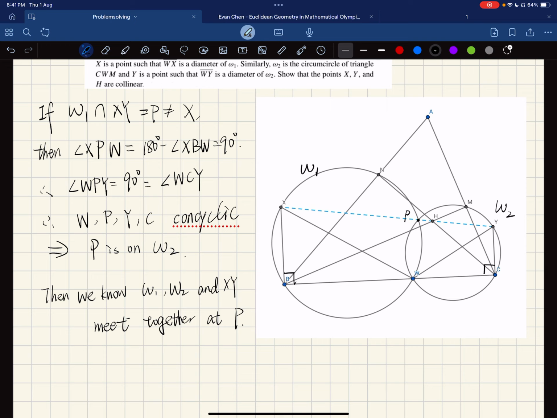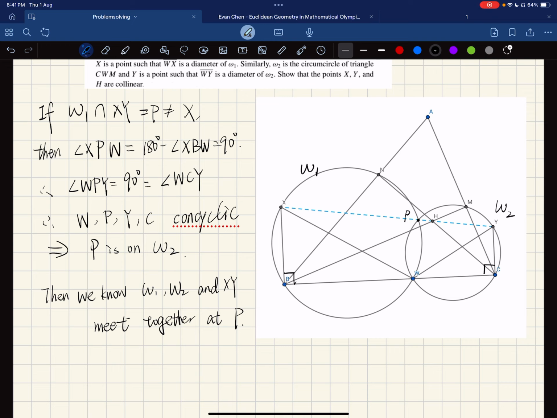Okay, pay attention that we have another hint. If you have watched my previous videos, you might think of one thing that proves some points are collinear. The method is to use the radical axis.